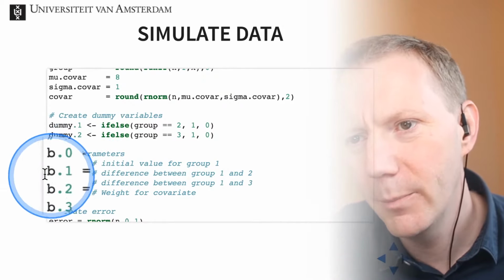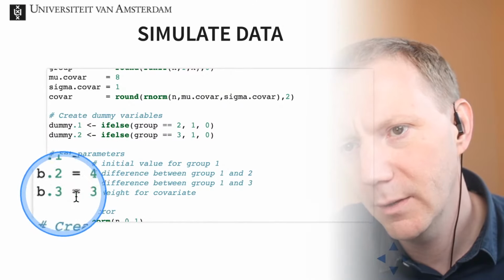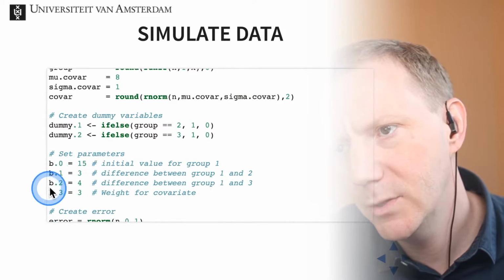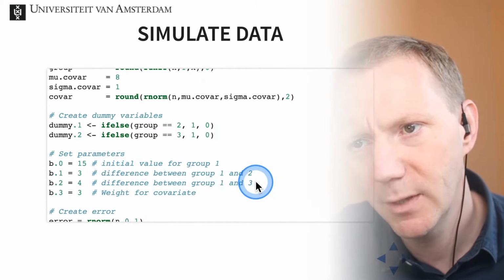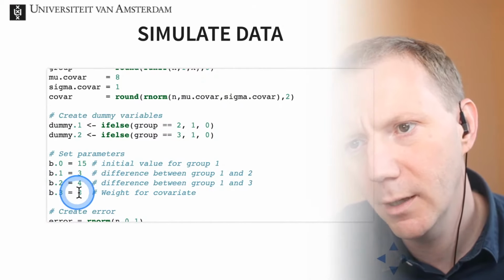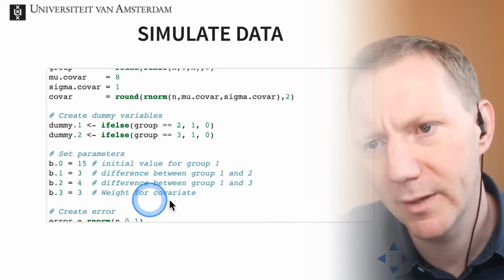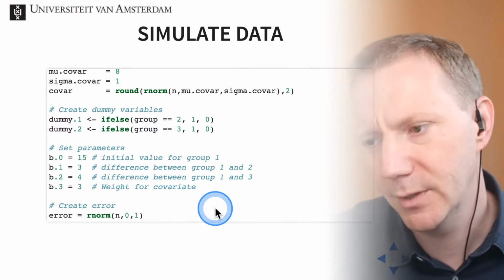And B1 is 3, B2 is 4, and B3 is 3. So B1 and B2 relate to the dummy variables, the two that I have, and B3 relates to, let's call it, the weight of the covariate. And I add some error to the term.